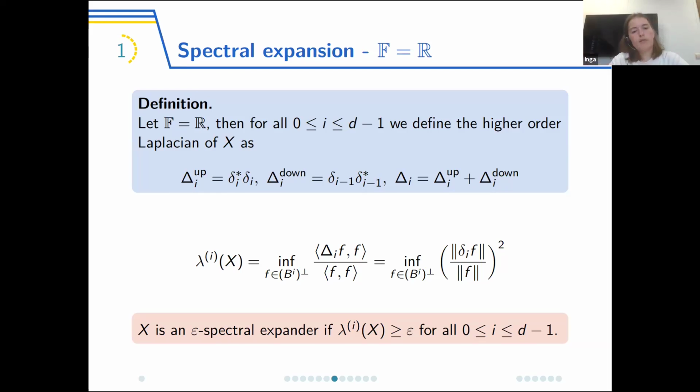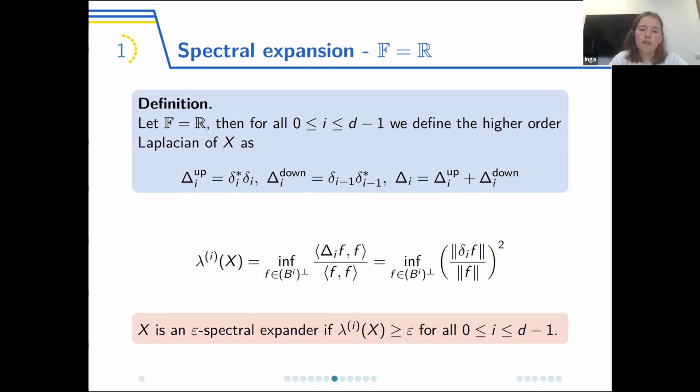Well, and now to measure the expansion, we want to do something similar to looking at the second smallest eigenvalue. And we'll do that by looking at the infimum over all cochains that are orthogonal to the space of coboundaries. And similar to the graph case, we look at this quotient of the inner product of delta f with f divided by the inner product of f with itself.